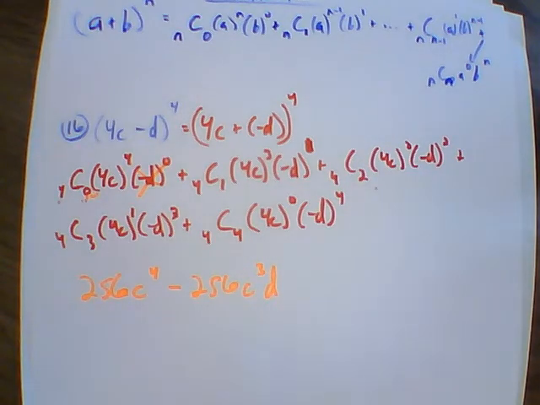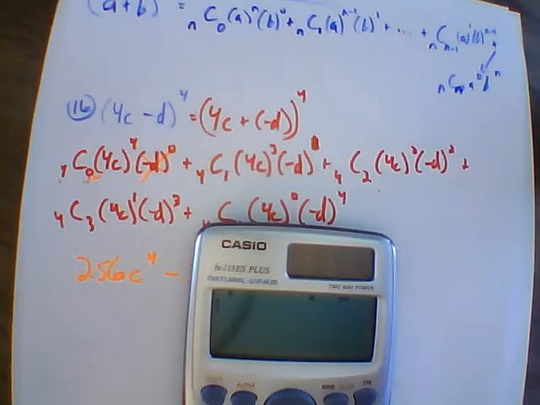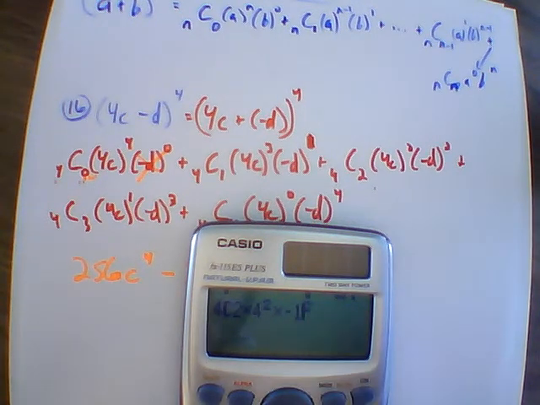Considering my next one, if you want to see what's going on here, I can do this one for you. I would type in 4 combination 2, and then times 4 squared times a negative 1 squared. Oh, common error.